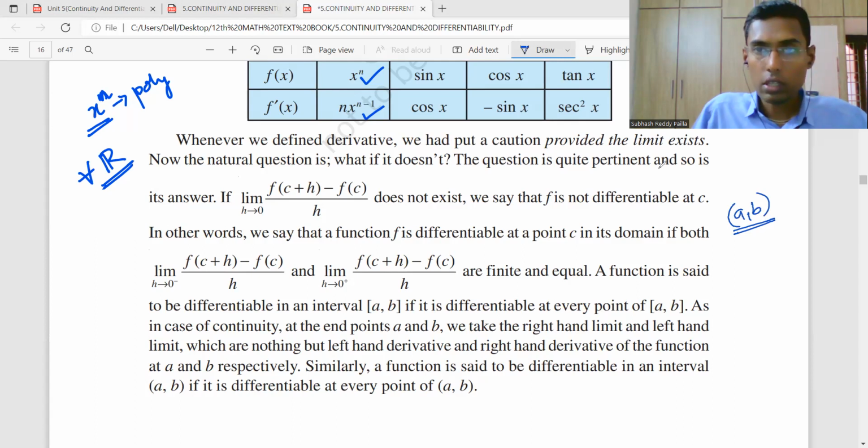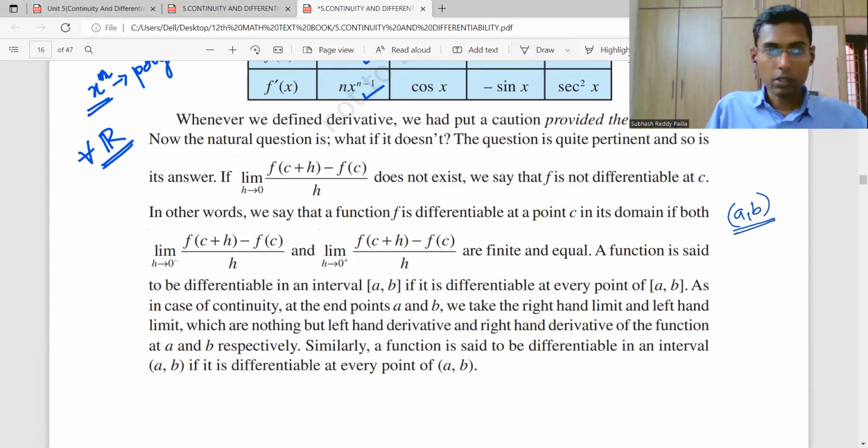If a function is differentiable at each and every point of its domain, then it is a differentiable function. So that is a simple idea.